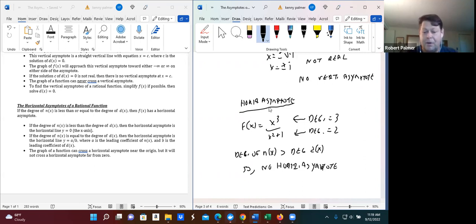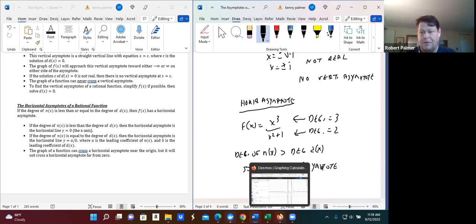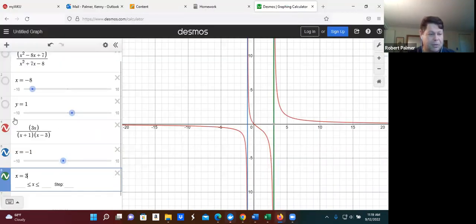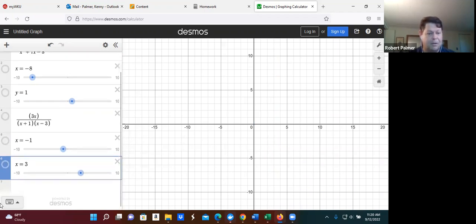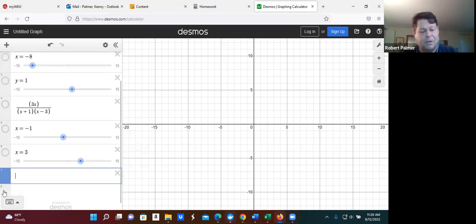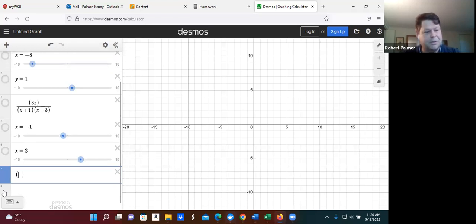Let's take a quick look at the graph and verify this is true. We said we had no vertical or horizontal asymptotes for this one. So once again, I'm simply going to turn these off and scroll down, and we'll do our graph down here. You don't have to use parentheses, but I'll use them for consistency.